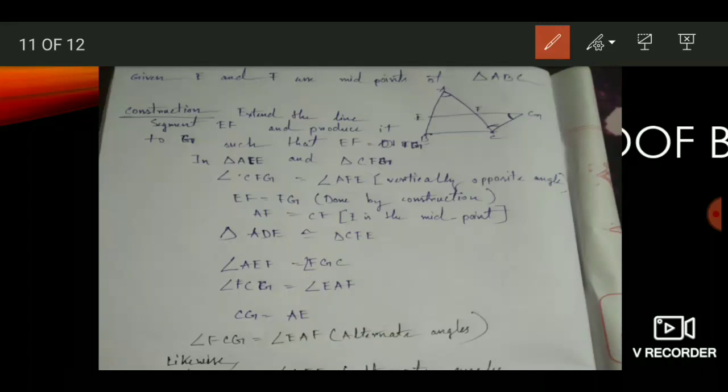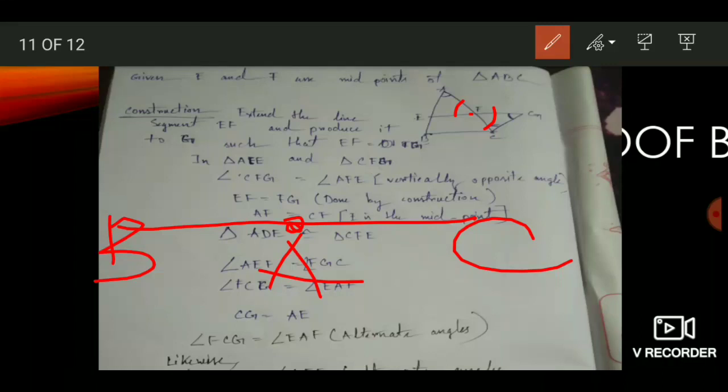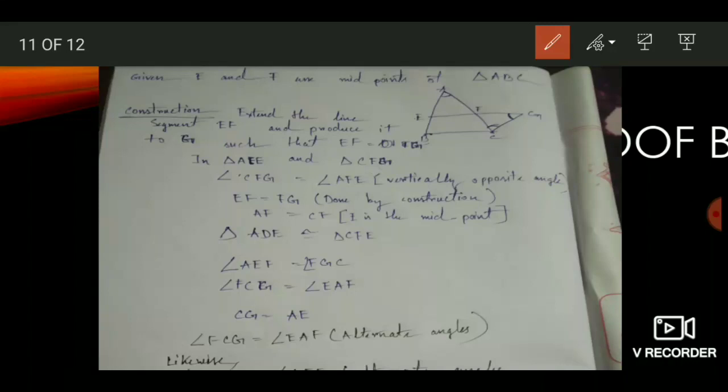Then angle AFE and angle CFG will be equal because they are vertically opposite angles. And since it is a midpoint of a side, suppose this is a side BC with midpoint A, then BA will be equal to AC. This is the property of a midpoint only. Now we are considering this triangle and this triangle, and this side will be equal.